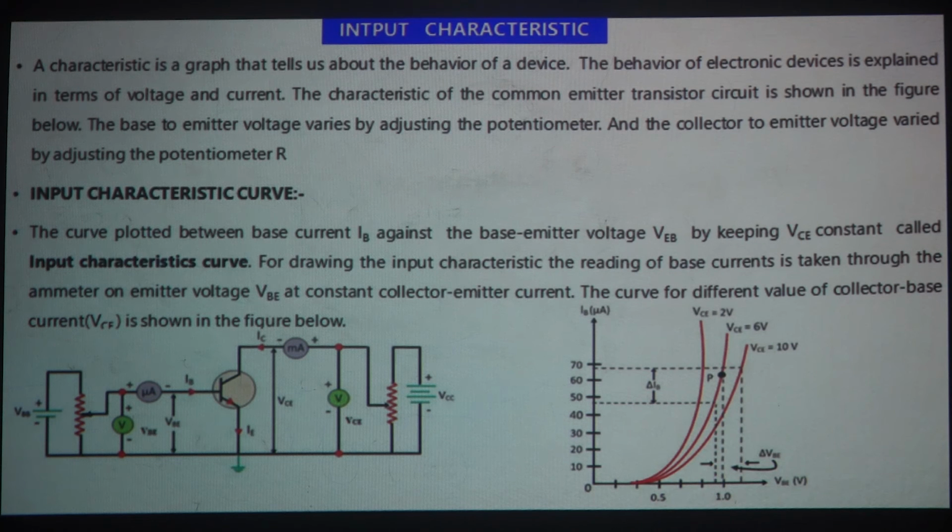Now input characteristics. How can you plot the input characteristics? I already plotted the input characteristics in the next figure.